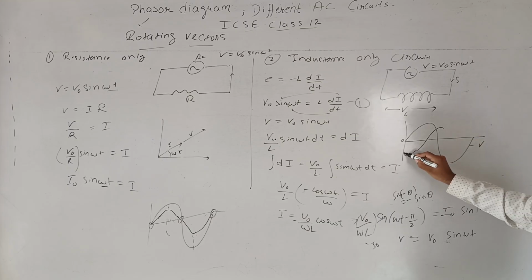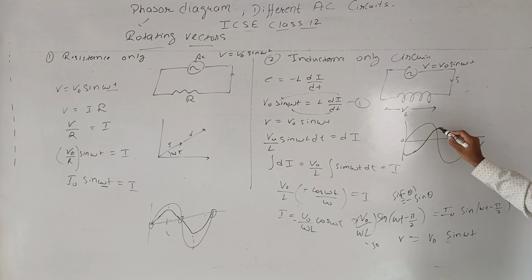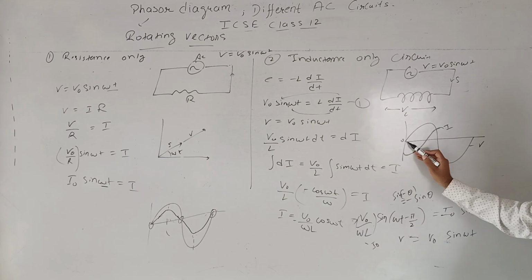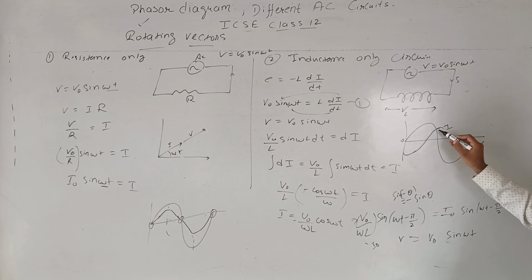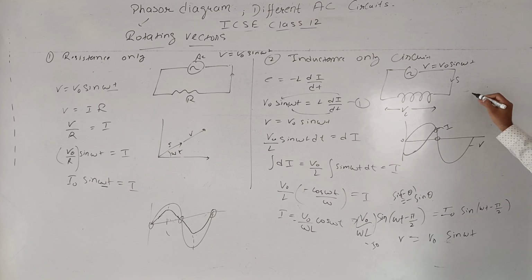So this will be the graph for the current. When the potential is 0, the current has the maximum value, and when the current has the maximum value, the potential is 0. So the current lags behind by 90 degrees.